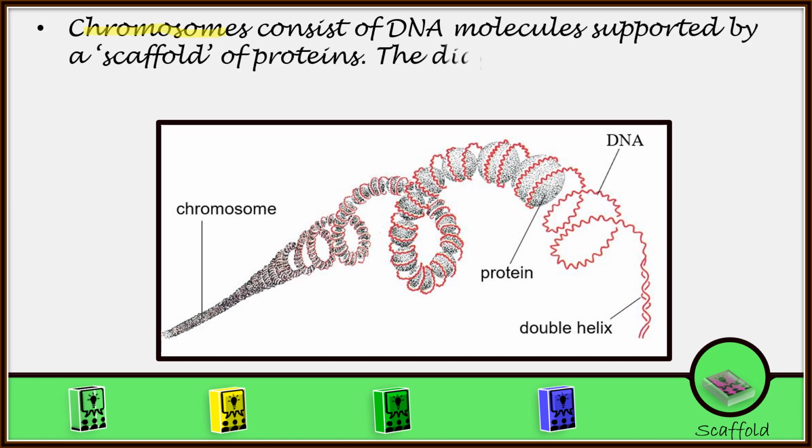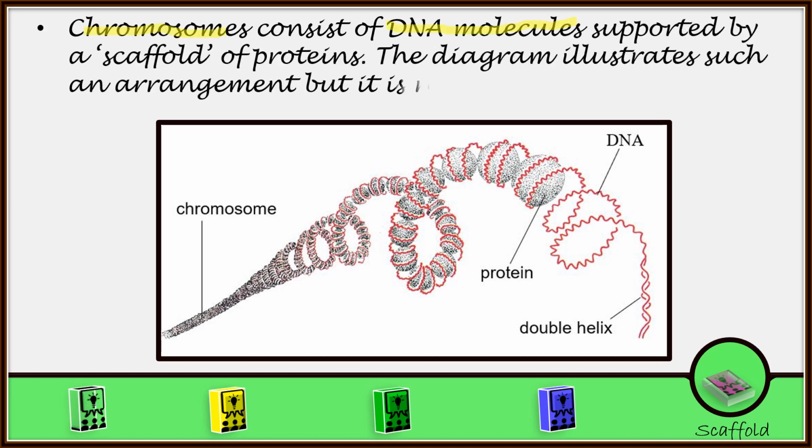Chromosomes consist of DNA molecules supported by a scaffold of proteins. The diagram illustrates such arrangement, but it is really more complex than this. So when you look at our chromosome, the chromosome is made up of DNA molecules.